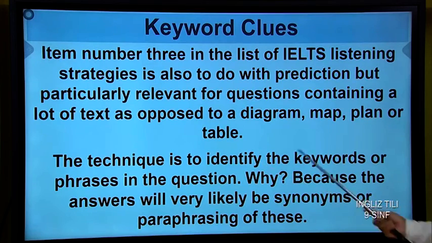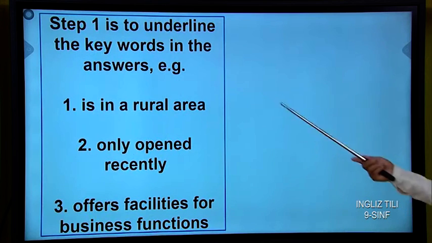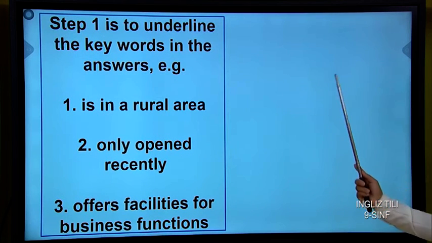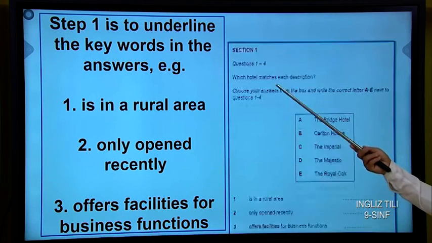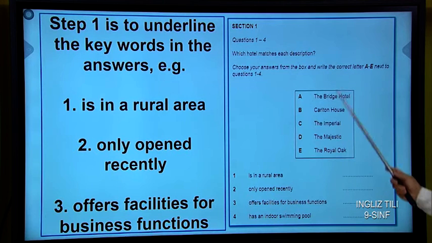The technique is to identify the keywords or phrases in the question. Why? Because the answers will very likely be synonyms or paraphrasing of this. Now, here is step 1, to underline the keywords in the questions. You can just underline this one.